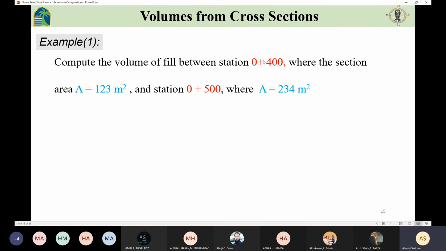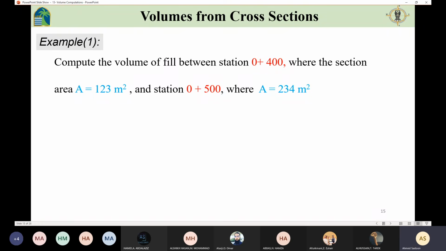So here we have the first station, and here we have the last station. The area at this station is given here, and the area at that station is given there. We need to determine the volume of fill between the two stations.